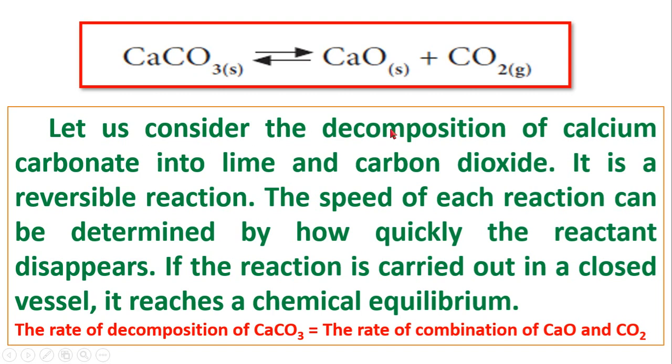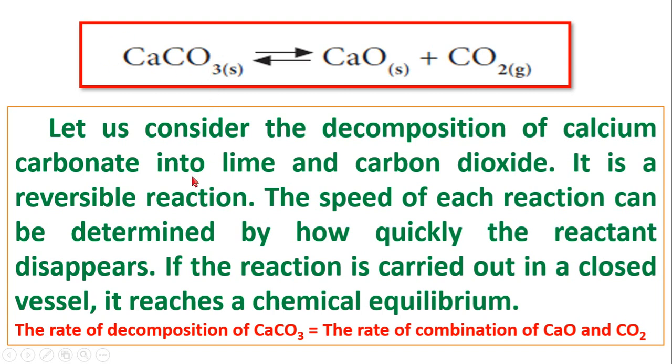So, let us consider the decomposition of calcium carbonate into lime, that is calcium oxide, and carbon dioxide. It is a reversible reaction. The speed or the rate of the reaction can be determined by how quickly the reactant disappears. Here, which is the reactant? Calcium carbonate is the reactant.